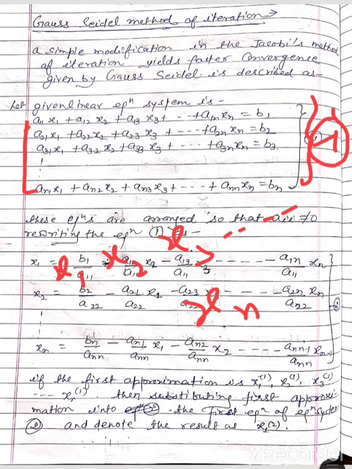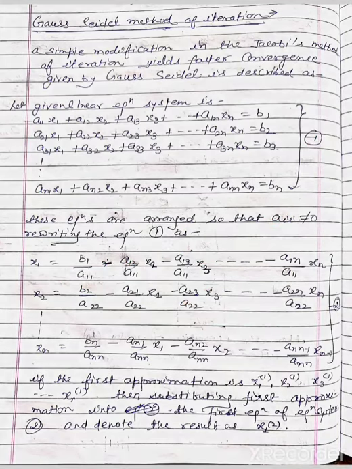These equations are arranged so that aii, or in matrix form the diagonal elements, are non-zero. So in equation system 1, aii means a11, a22, a33 and so on up to ann are non-zero.